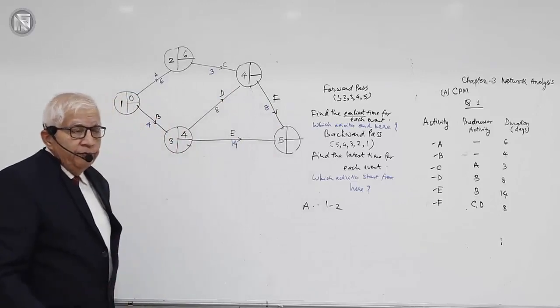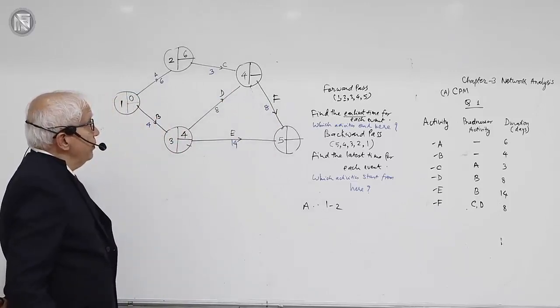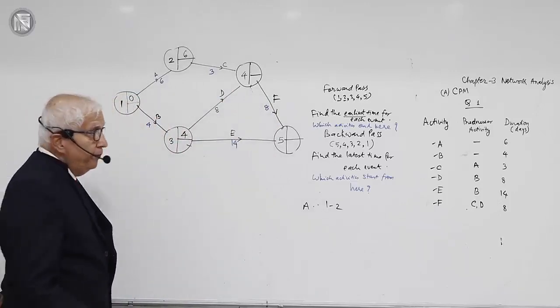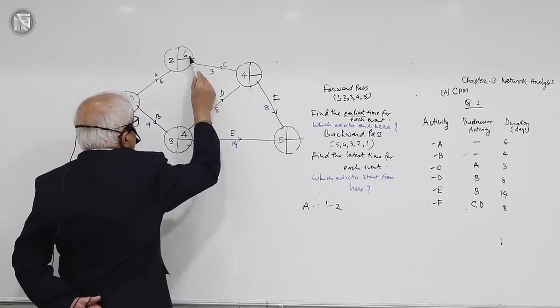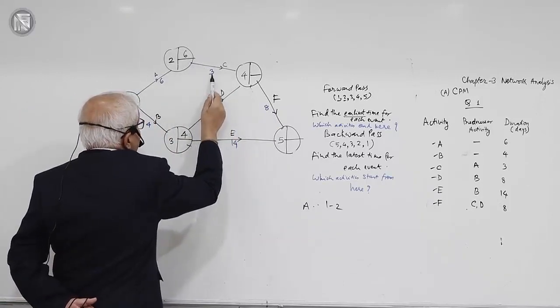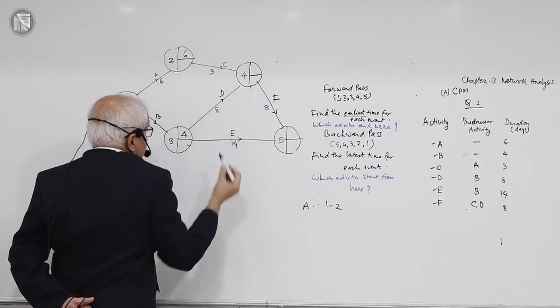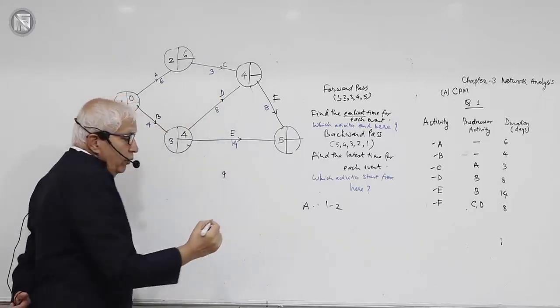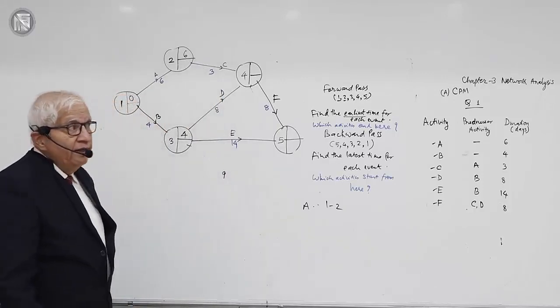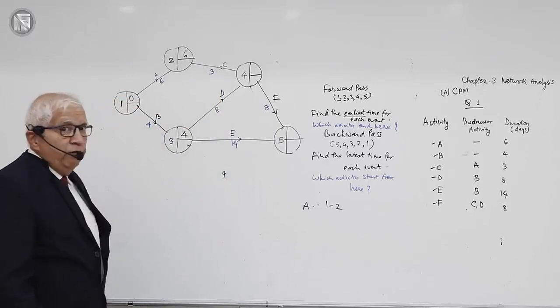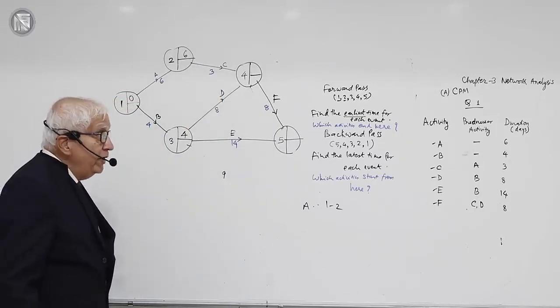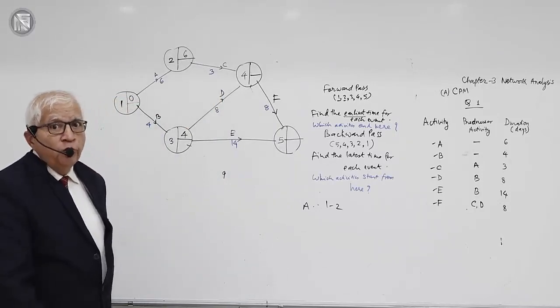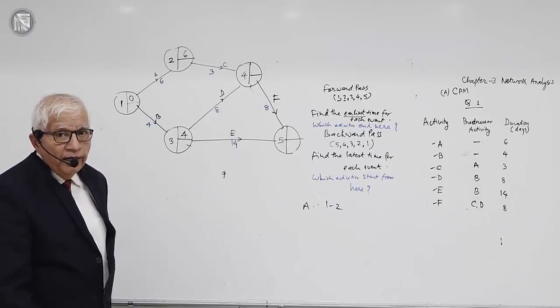Let me see, 2-4, when will it end? This event happens at time 6 at the earliest. This activity takes 3 days. So 6 plus 3, 9. One answer which I get is 9. That means activity C will be over by time 9. But activity D also has to be over before event number 4 can happen.